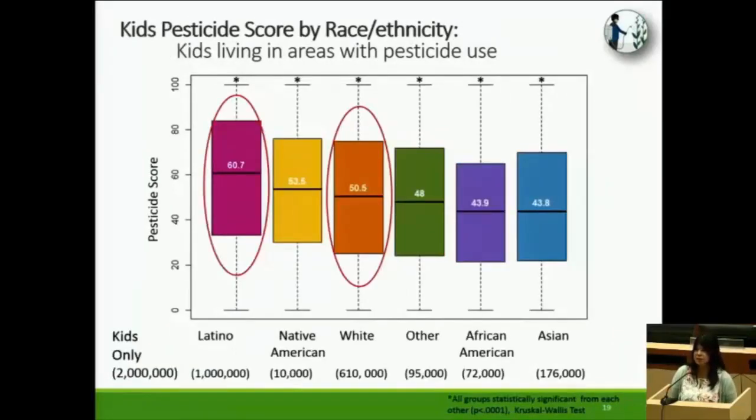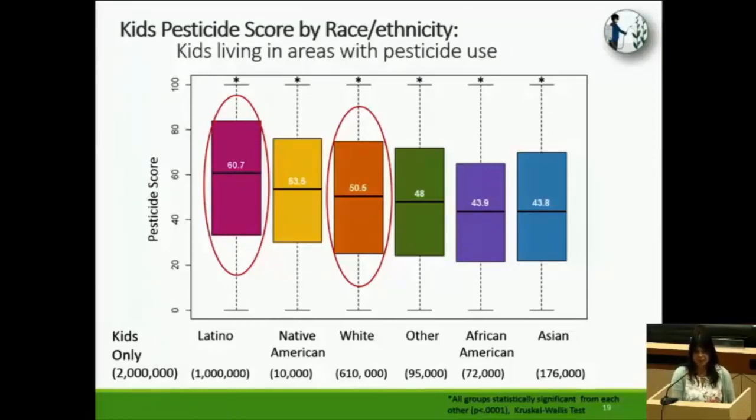And then we wanted to see, okay, what about kids living in these areas with pesticide use? So we have data on the different races and ethnicities about kids in these areas. And again, we saw something similar to some of the information on just the overall CalEnviroScreen, but places with higher pesticide score had the Latino group with much higher pesticide scores compared to some of the other groups.